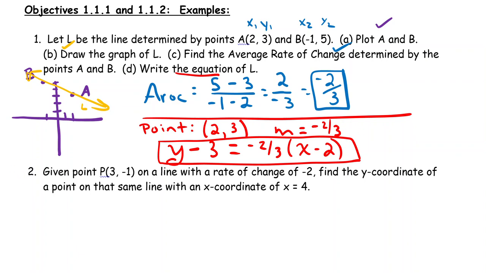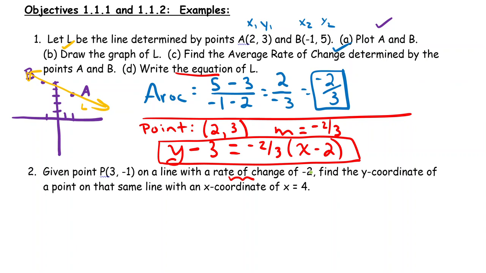Here's a second example. Given a point on a line with the rate of change, again, that's a fancy way of saying slope, with a rate of change of negative 2, find the y coordinate of a point on that same line with an x coordinate of 4. All right, well, how do we do that? Well, the first thing you want to do is figure out what the equation is of this line.